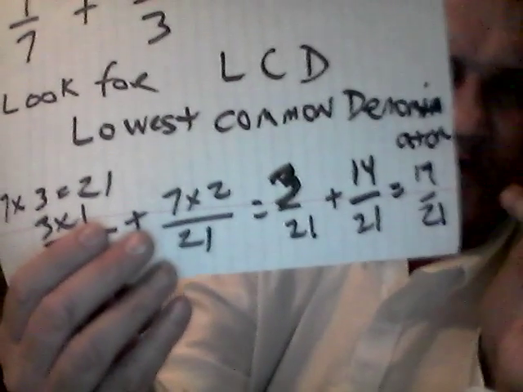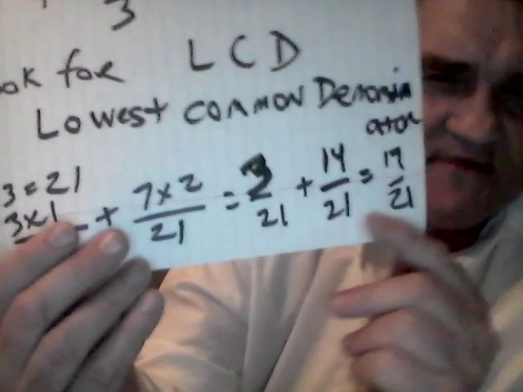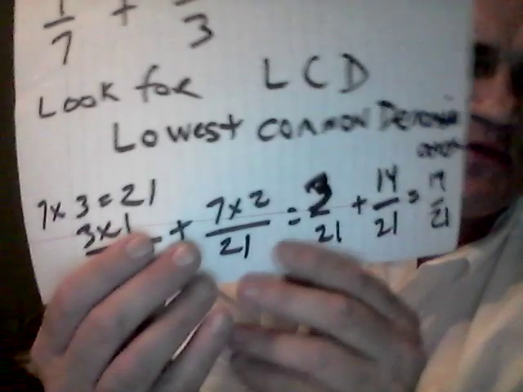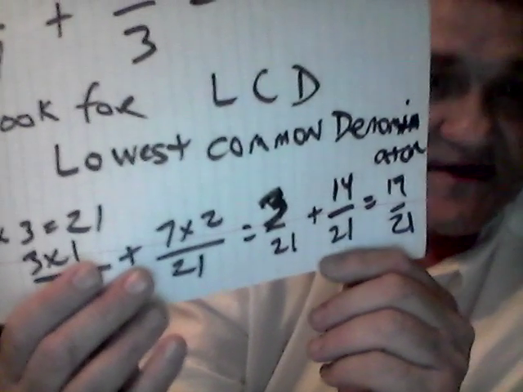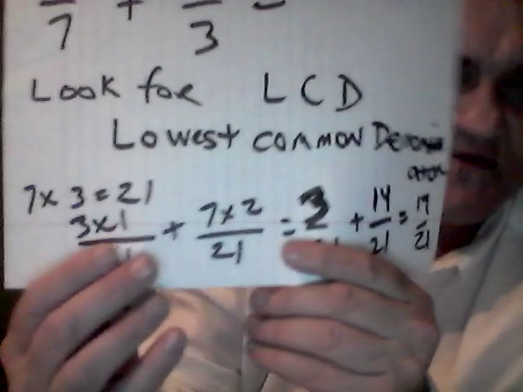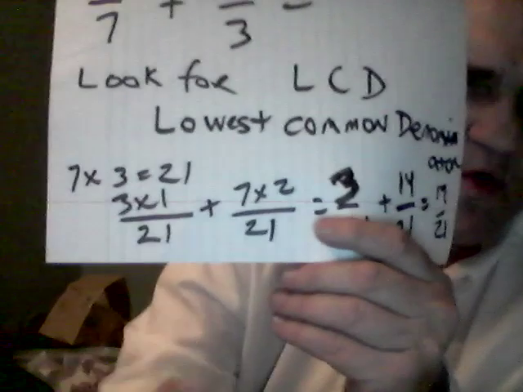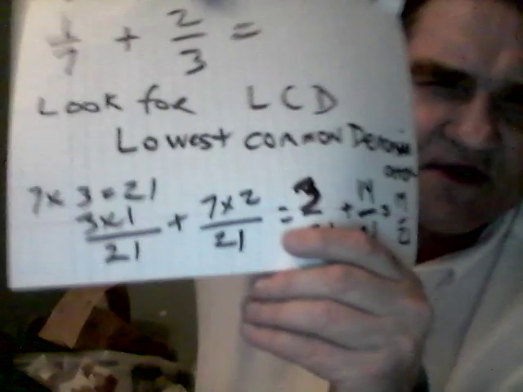Well, one way to do it, and we're just going to do it this basic way this time, is that you've got 7 and 3. You multiply 7 times 3, and you get 21. So that number, 7 times 3 is 21, will become your denominator, 21. But you got to understand, you've got two other numbers here.